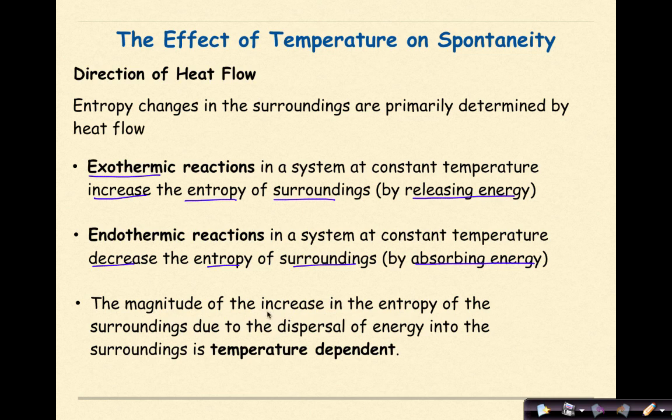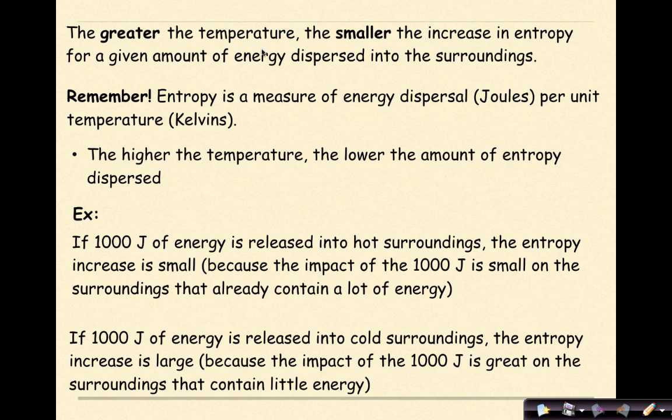The magnitude of the increase in the entropy of the surroundings due to the dispersal of energy into the surroundings is temperature dependent. The greater the temperature, the smaller the increase in entropy for a given amount of energy dispersed into the surroundings. Now remember, entropy is a measure of energy dispersal in joules per unit temperature. The higher the temperature, the lower the amount of entropy dispersed.